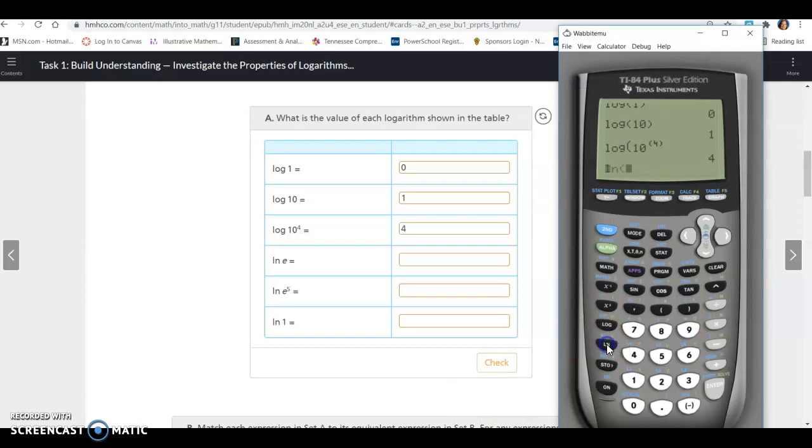Now let's evaluate ln. So this is our natural log. So ln of E. Remember, E is right here above divide. You can think of it as above the division button, or it's right under the pi button, because those are both irrational. So this is going to be base E of E, so that would be 1. And then ln of E to the 5th.